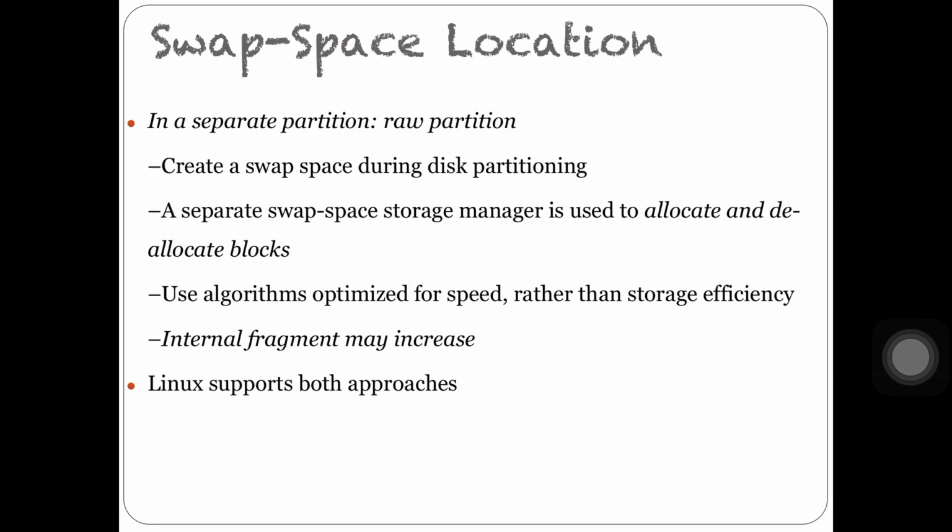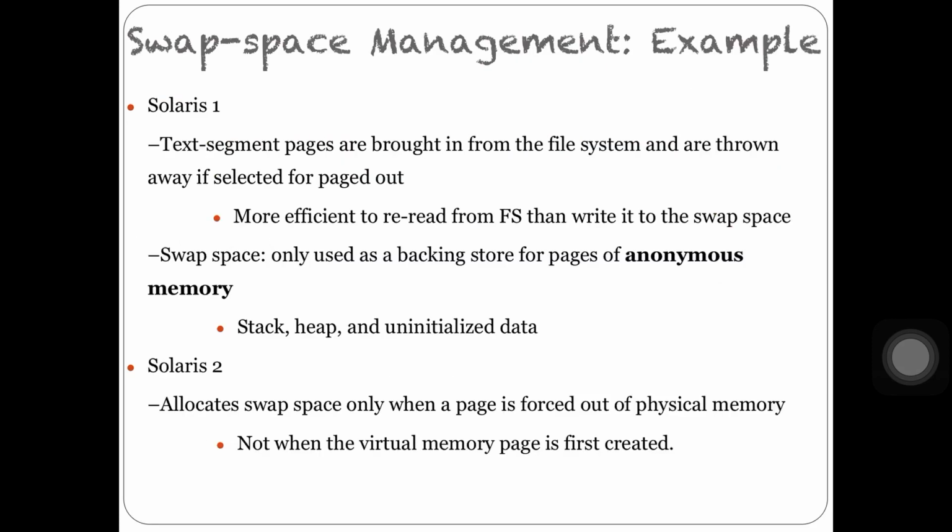Adding more swap space can be done only via repartitioning of the disk, or via adding another swap space elsewhere. So these were the two methods for swap space location, one with the file system and one by creating a separate partition for the swap space. Both have their own advantages and disadvantages.